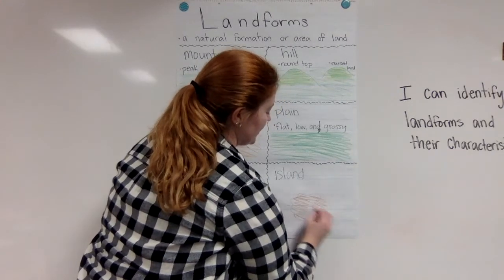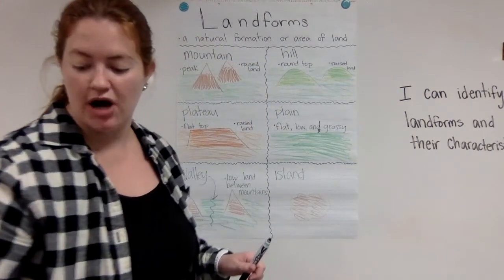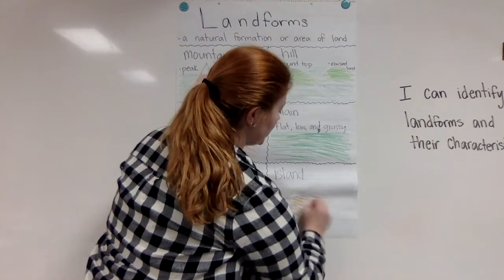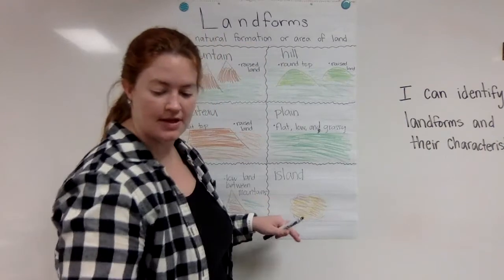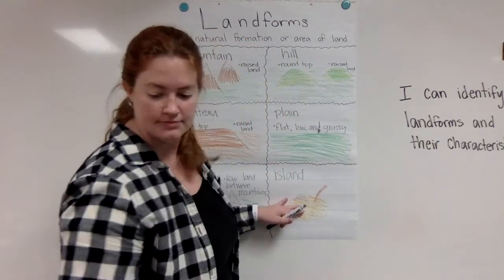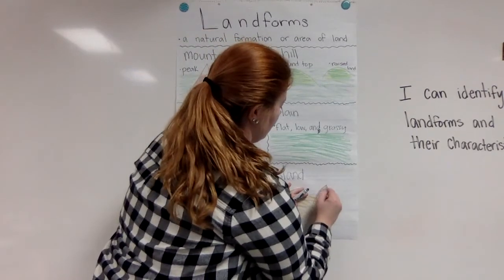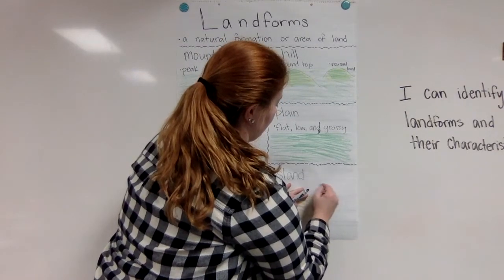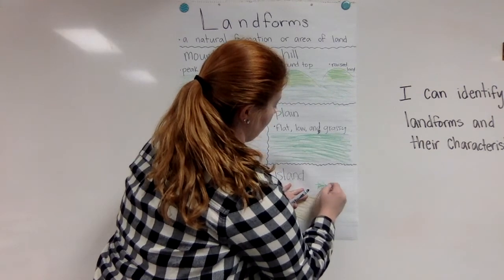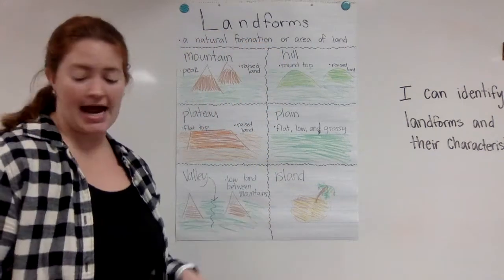That means it's very beachy. So I'm going to try to draw it like it's a beach. Maybe I'll draw a little palm tree on it. Here is my island.